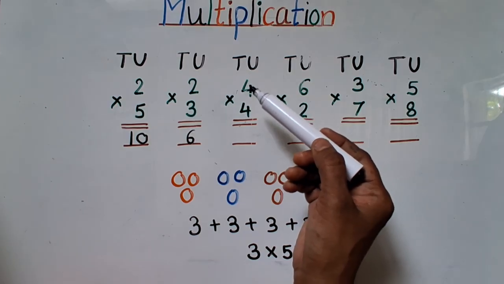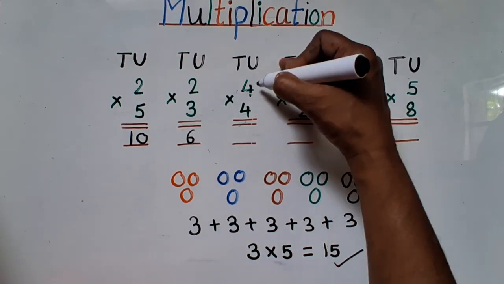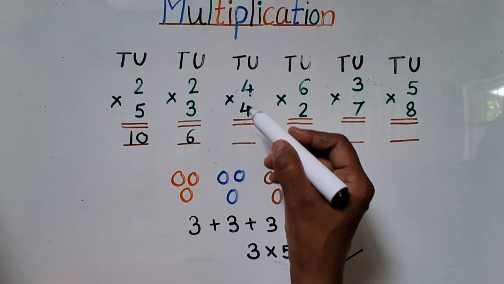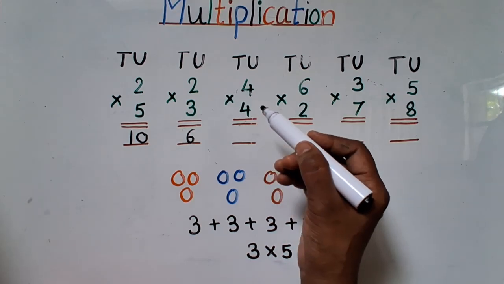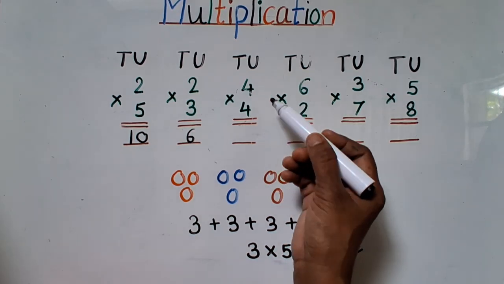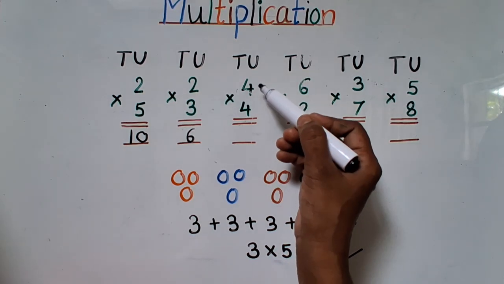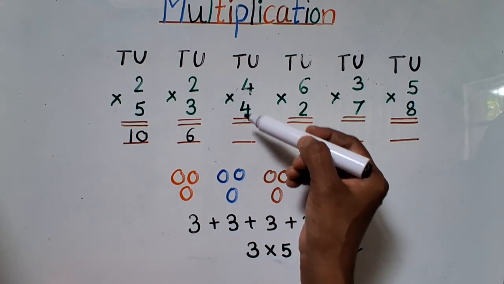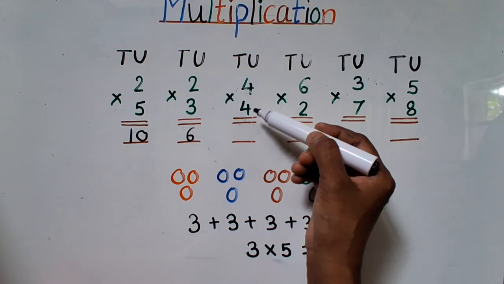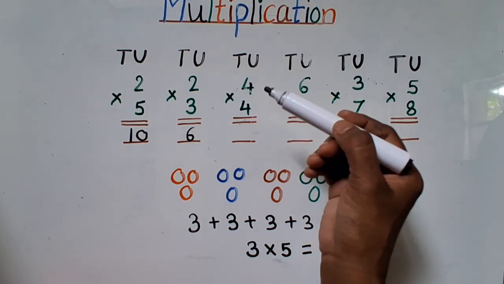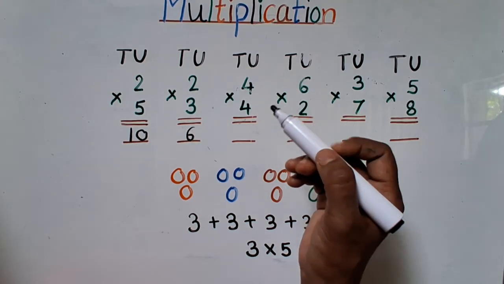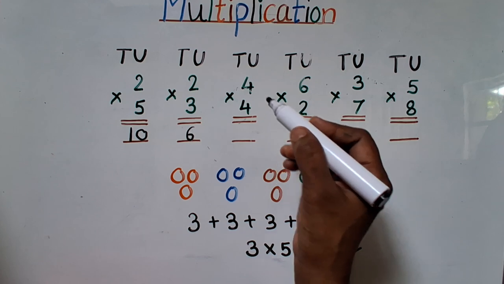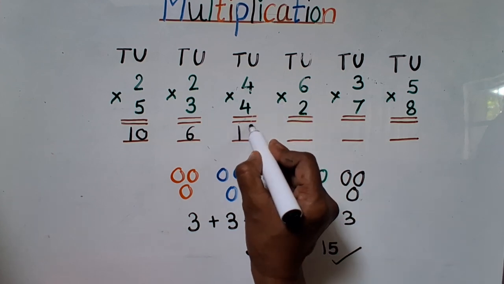Now our third sum is 4 multiplied by 4. So let's recite the table of 4. There is no other option because both digits are the same. So 4 ones are 4, 4 twos are 8, 4 threes are 12, and 4 fours are 16.